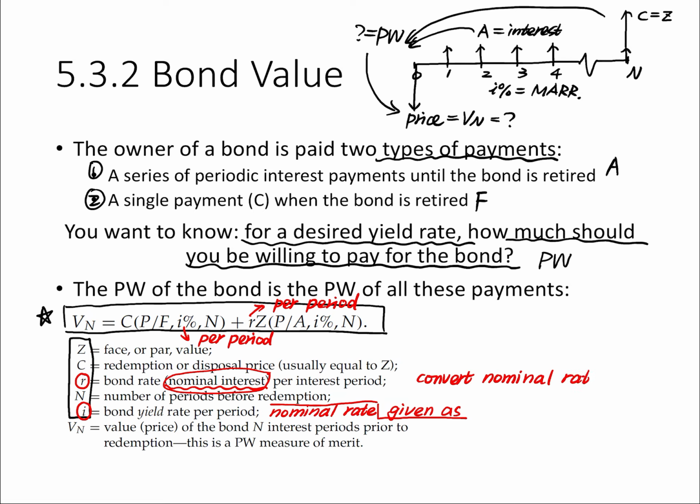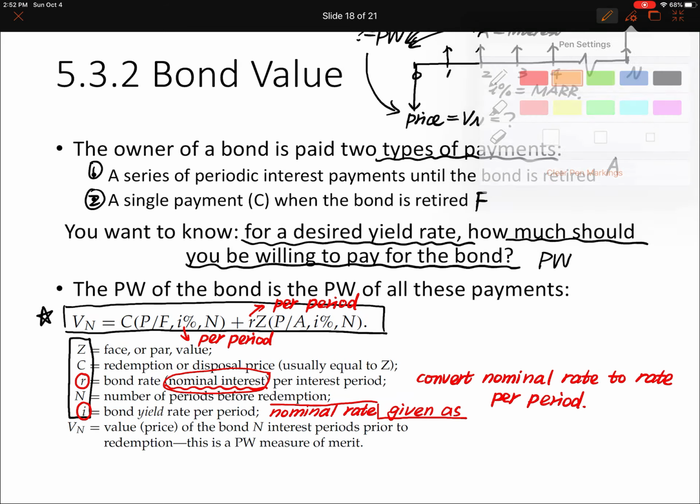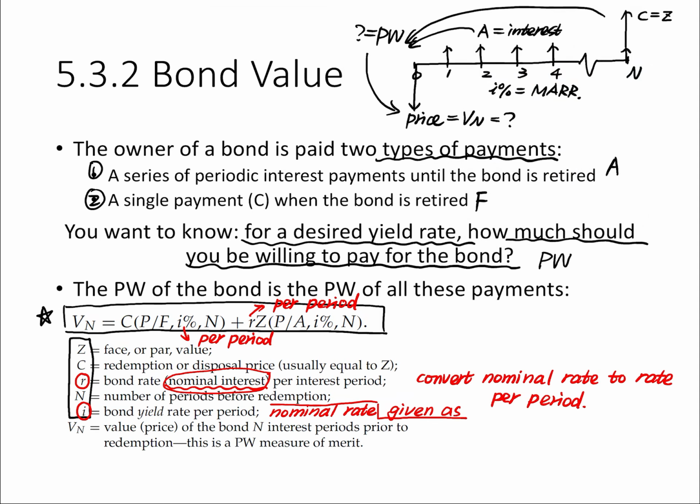So you have to convert the nominal rate to some rate per period. That is why I said it's tricky.